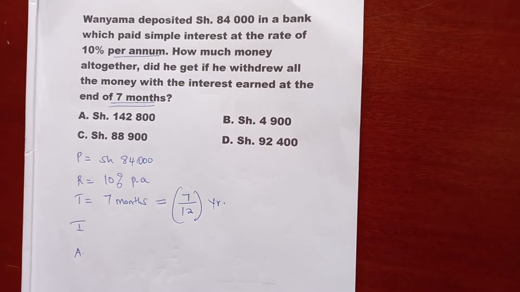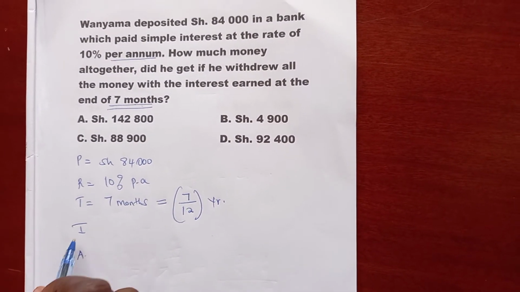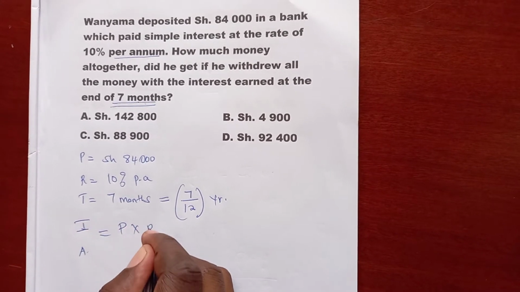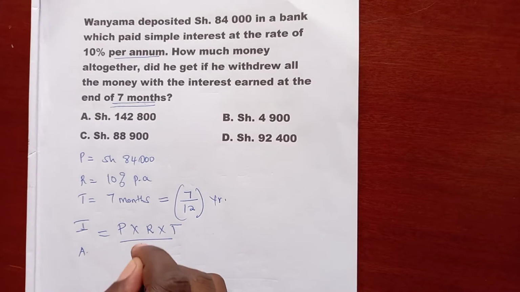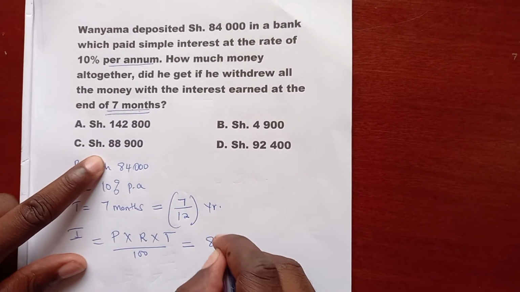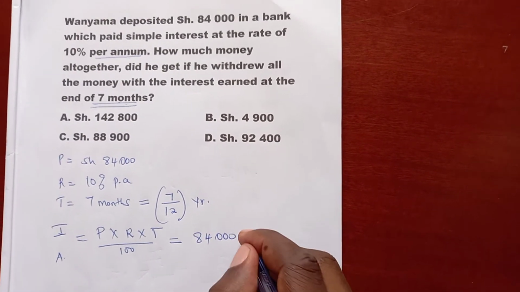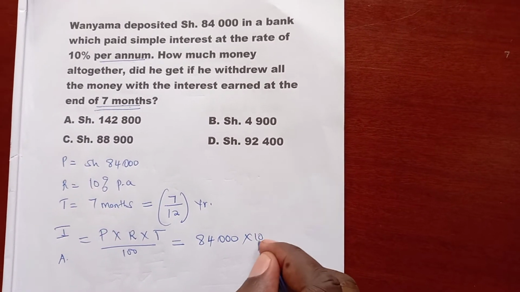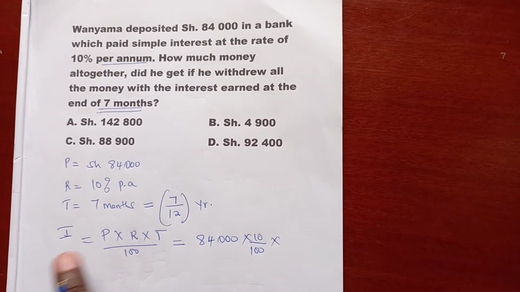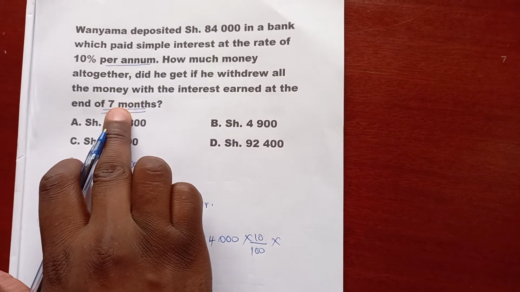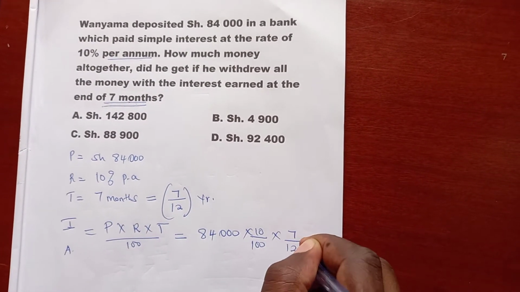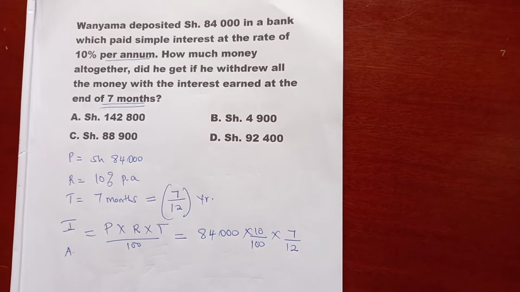Now this one represents a year. So when it comes to getting our interest, it will be principal times rate times time over 100. In our case, it will be principal shillings 84,000 times our rate 10 over 100 times our time, which will be 7 over 12, representing 1 year.